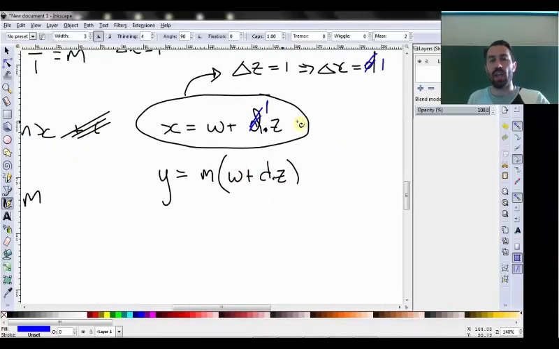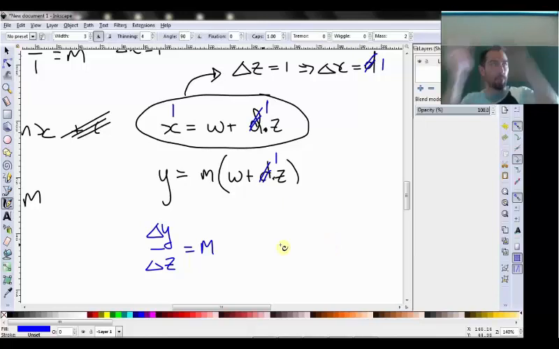So if I change z by 1, I change x by 1, I change y by how much? M times 1. M. So change in y divided by change in z is just m.